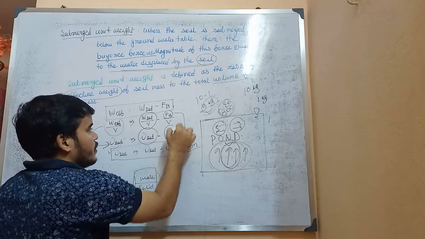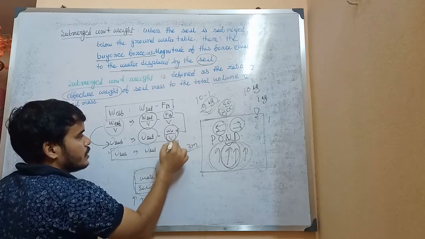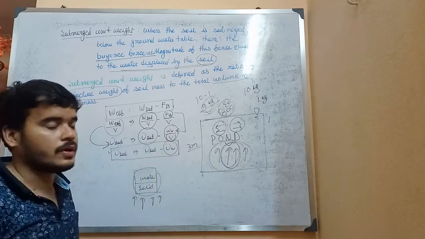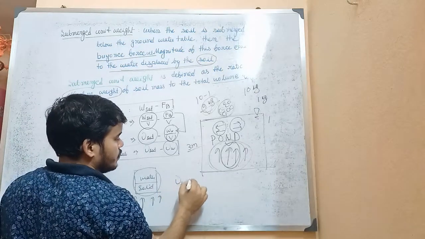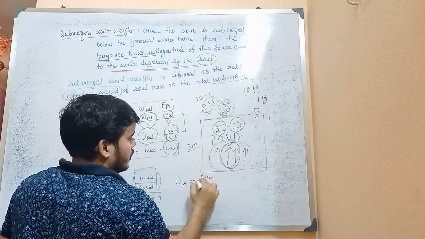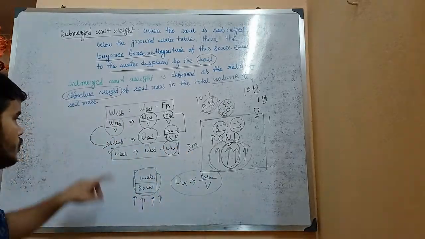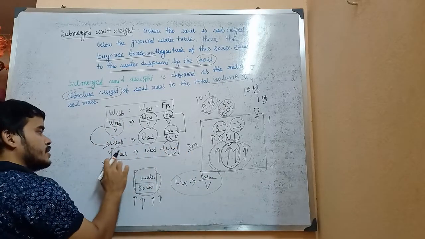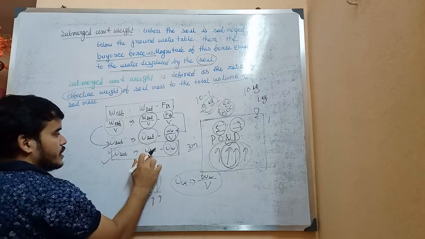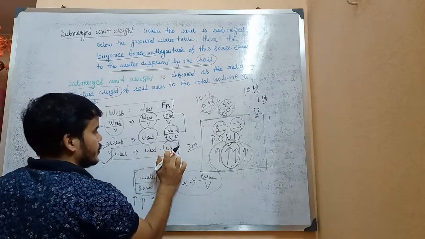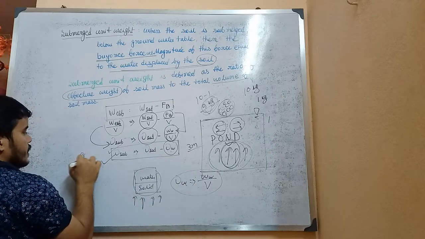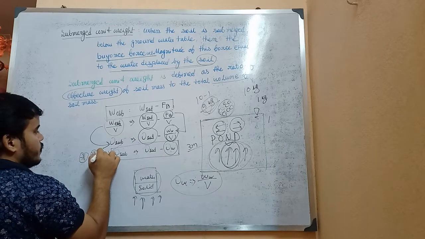So weight of water by volume means gamma w, the unit weight of water. What is the definition of unit weight of water? Weight of water by total volume. So what we are getting now is gamma submerged equals gamma saturated minus unit weight of water. Mark it with 3 stars. This is very important.